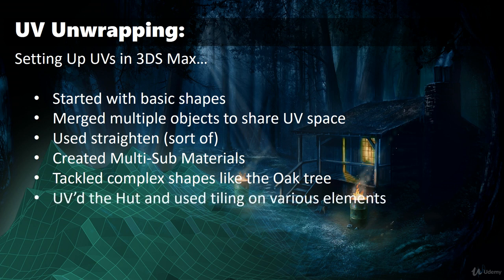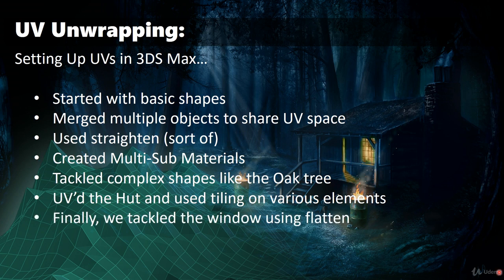We UV'd the hut, all of the hut in fact, and we learned how to tile across the surface on various elements of the hut, the roof, the walls, which is really cool. So you can use that on much bigger objects.